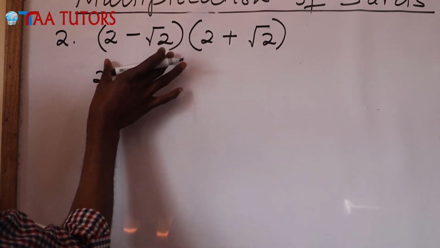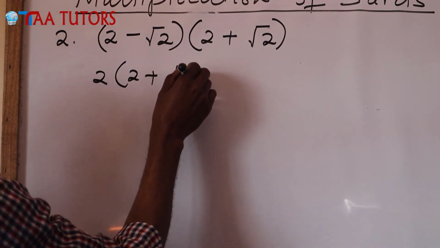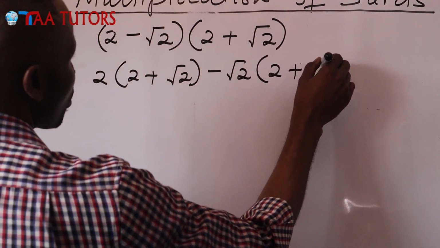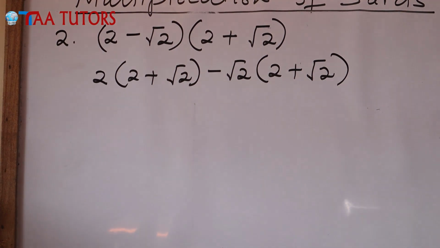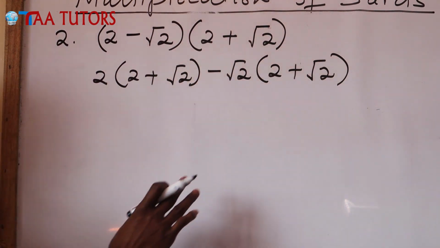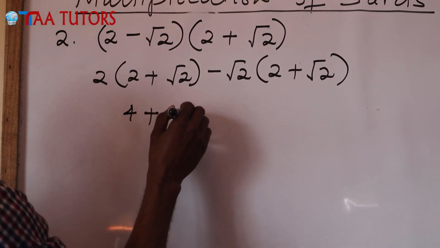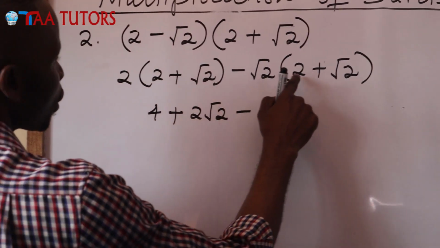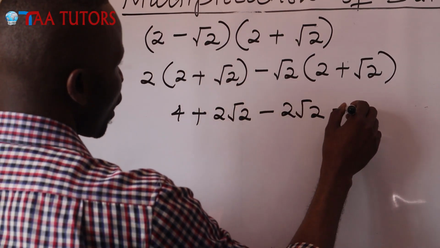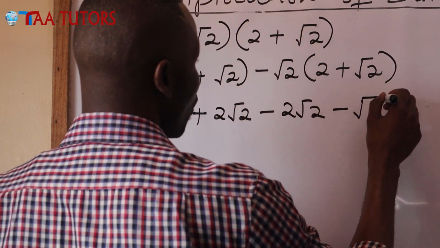This is 2. I'm using this one to expand this, so it's going to be 2 into 2 minus √2 into 2 plus √2. That bit we know. It's like you have 2 minus x into 2 plus x. So this is what you do when you are expanding. 2 times 2 is 4 plus 2 times √2 is 2√2 minus 2 times √2 is 2√2, then minus √2 times √2 is actually going to be √4.